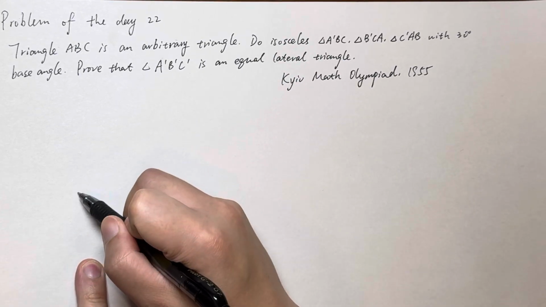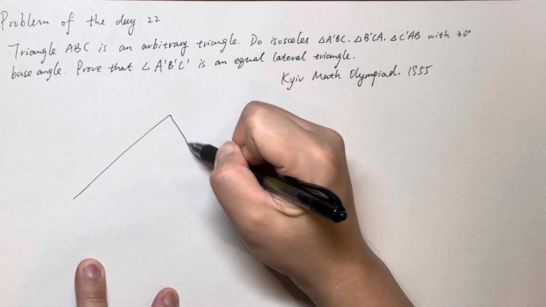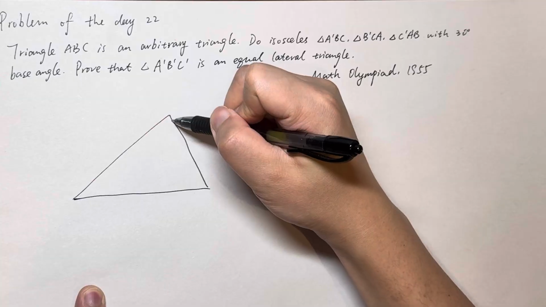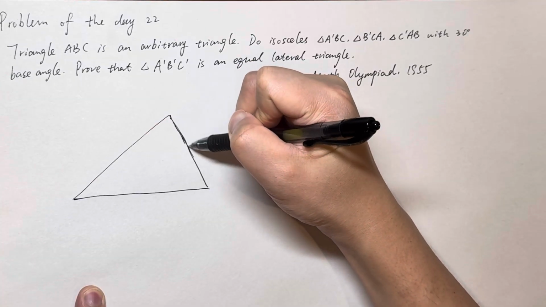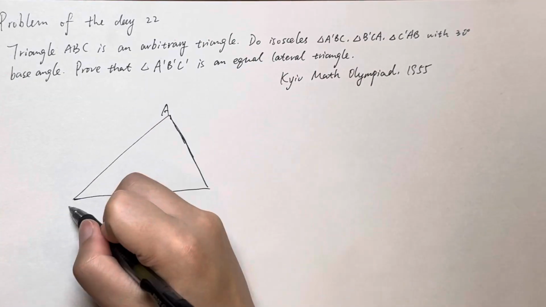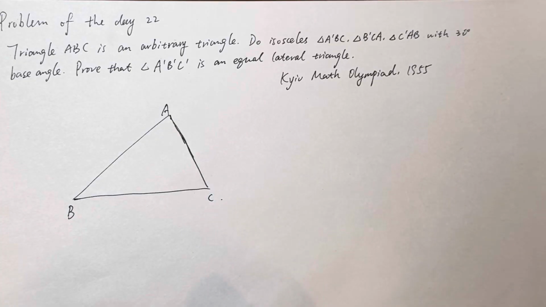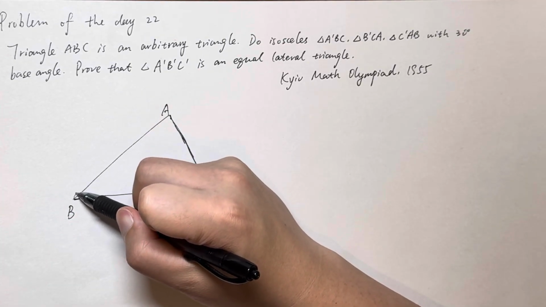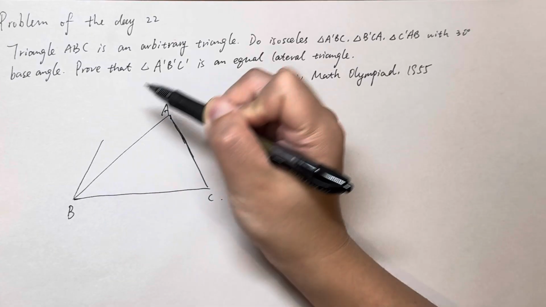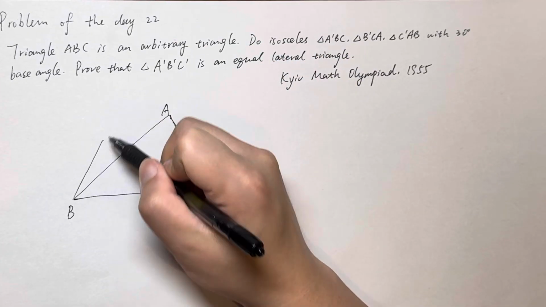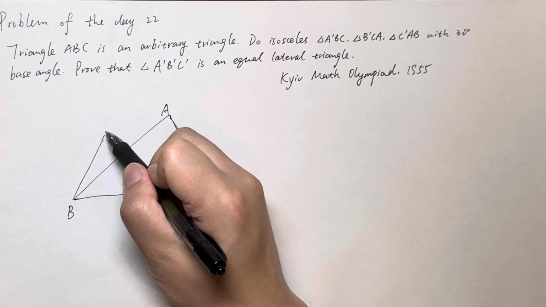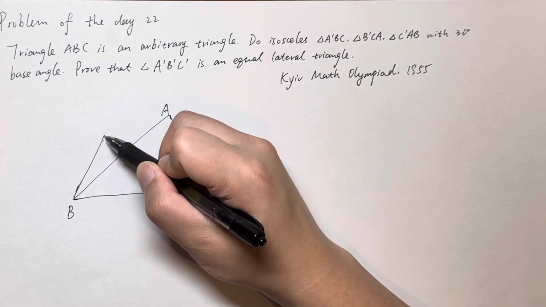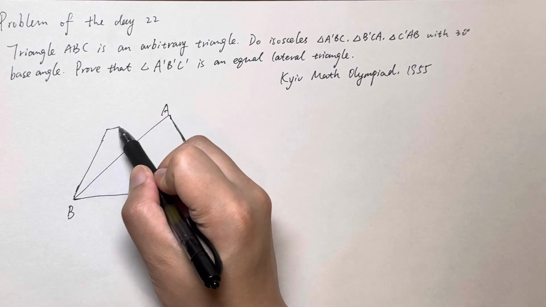We have an arbitrary triangle first. It's arbitrary, so draw it freely. Okay, that's A, B, C. And we want to find the isosceles triangle with 30-degree base. Roughly sits 30-degree base here. Maybe it should be a little larger. Anyway, it doesn't matter.